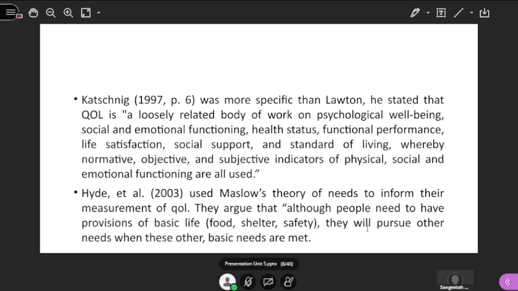And I think he or she took the example, if food has not been given, what would have happened? And if provision has been made for food, what will happen? So it was lovely, it was good to read, right? It was a good assignment. So you see, quality of life, if you take step by step, you can define it taking Maslow's theory of needs.